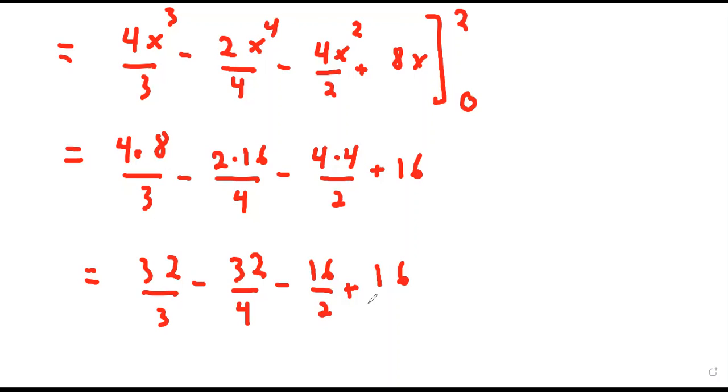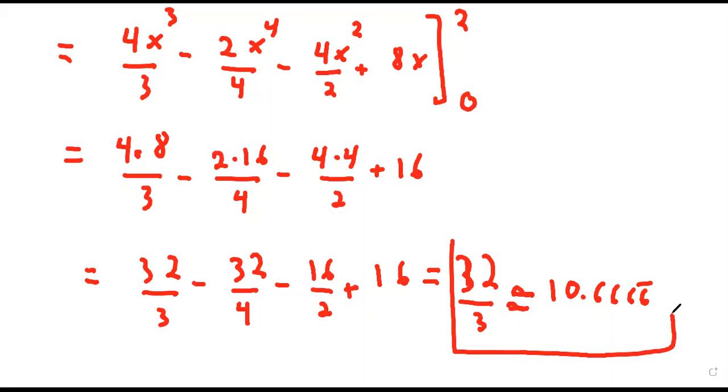You get 32 over 3 as your final answer, which is 10 and 2/3, or 10.666 repeating. And that's your answer, 32 over 3. Hope that helps.